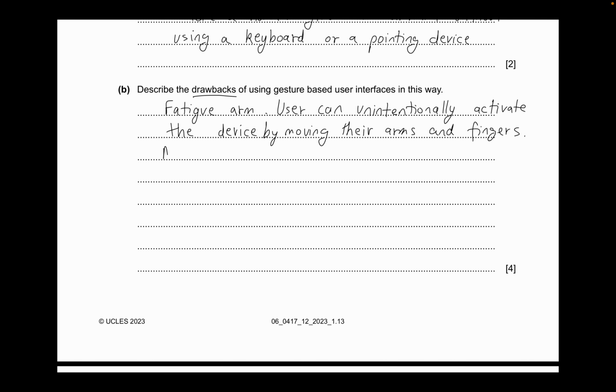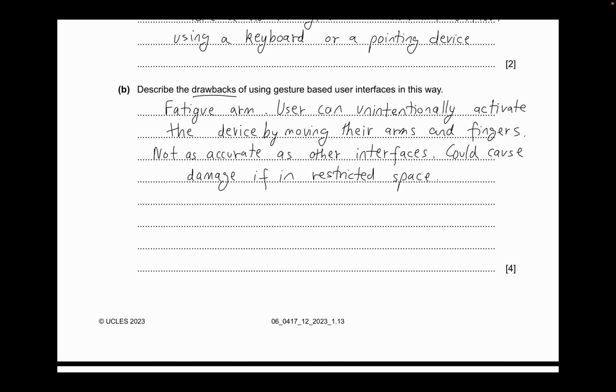You can mention that it's not as accurate as other interfaces. You can also mention that it could cause damage if it is in restricted space.